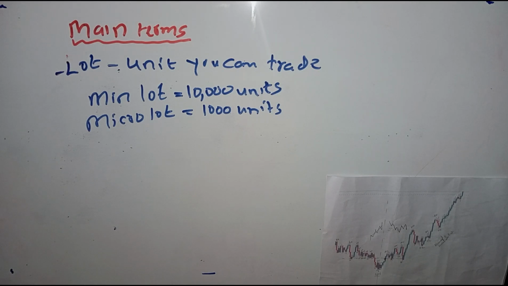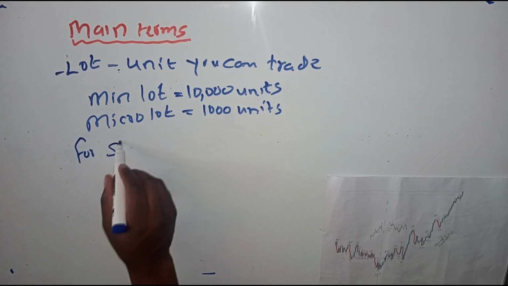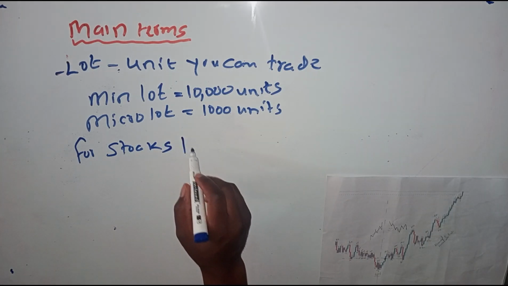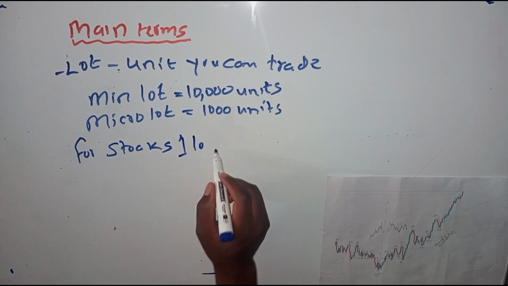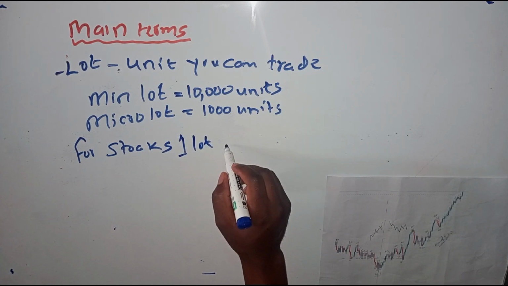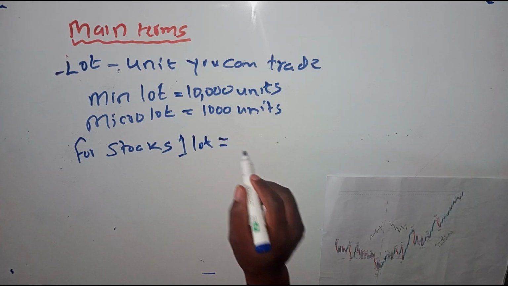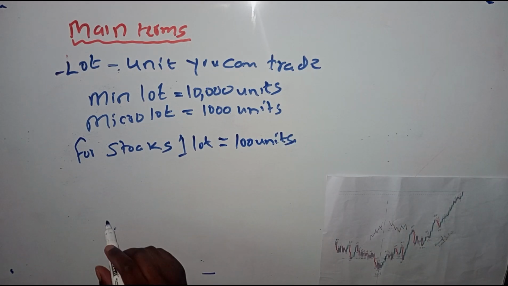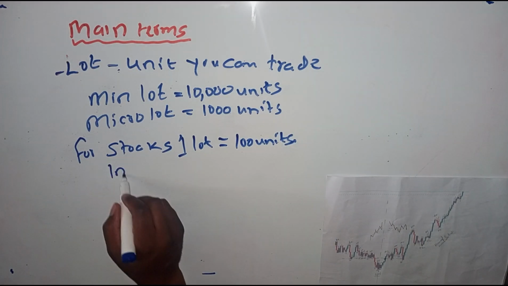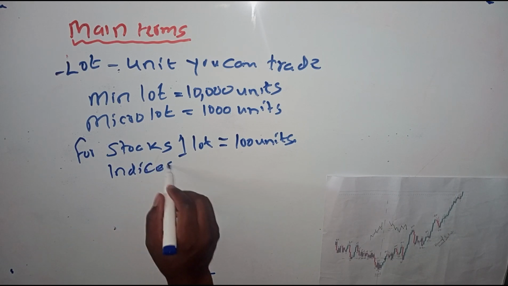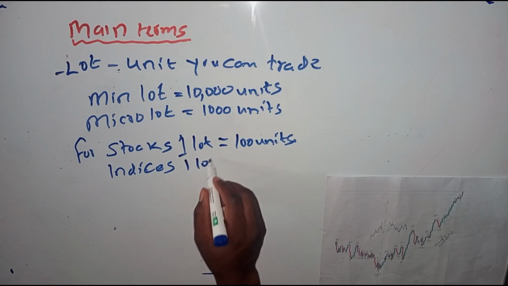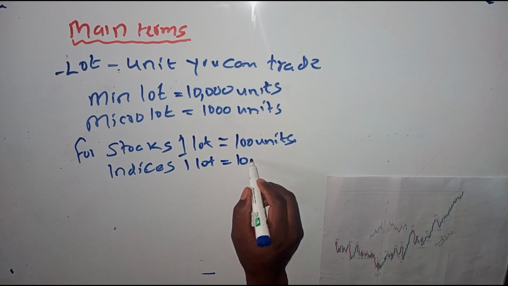For stocks, one lot usually is equal to 100 units. And for indices, one lot equals 10 units.